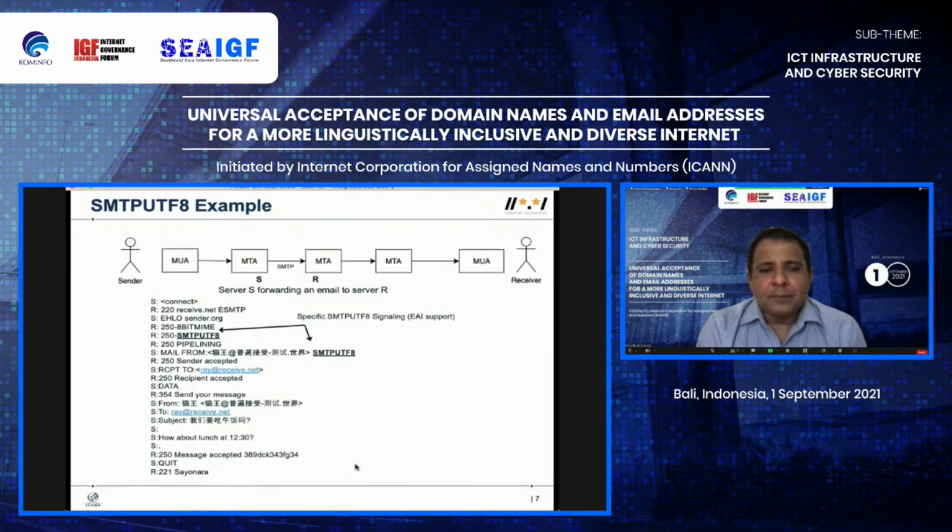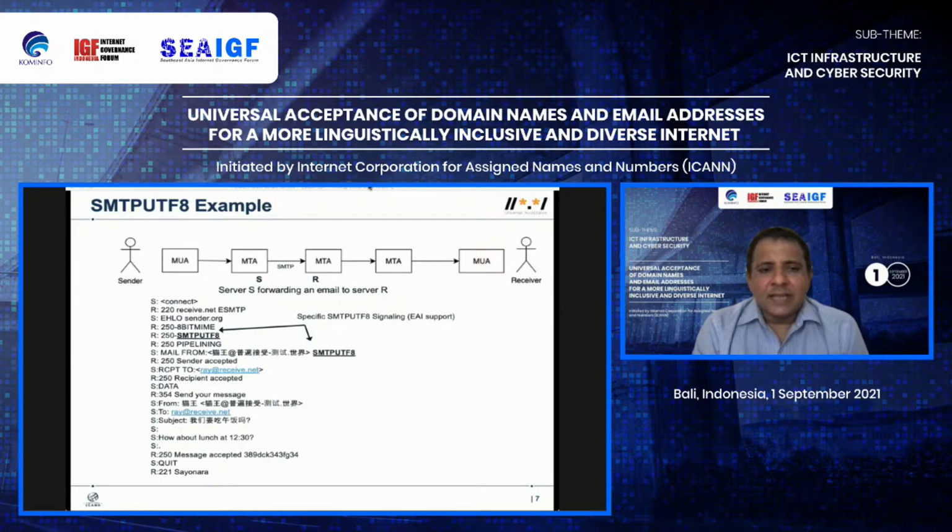So, say for example, if it can support attachments or MIME, it should respond with that. In the same way, if it can support email address internationalization or local language based email addresses, it should respond to the sending mail server with an acknowledgement of the SMTP UTF-8 signal.